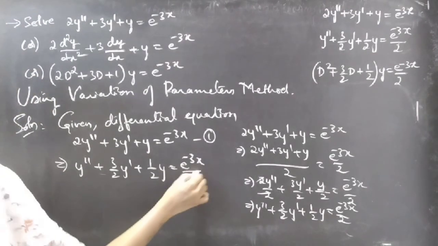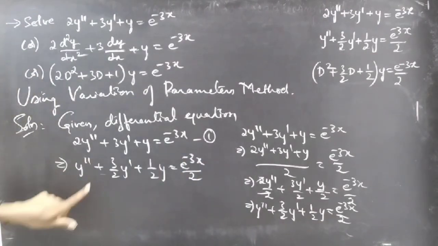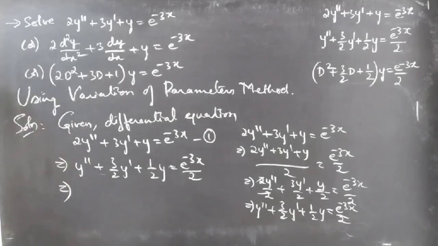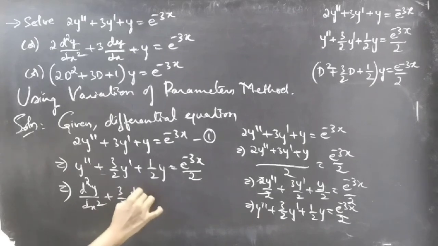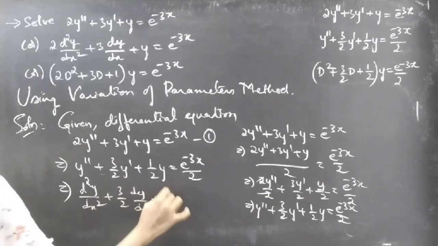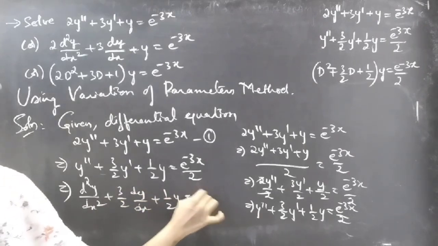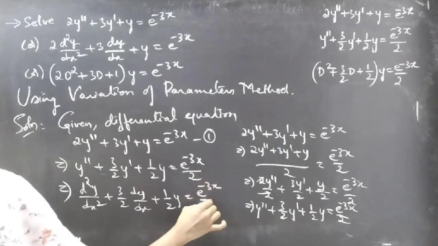Okay, sorry, here I forgot to write the 2. We'll get the same thing. Now write y'' as d²y/dx² + 3/2 dy/dx + 1/2 y = e^(-3x)/2.